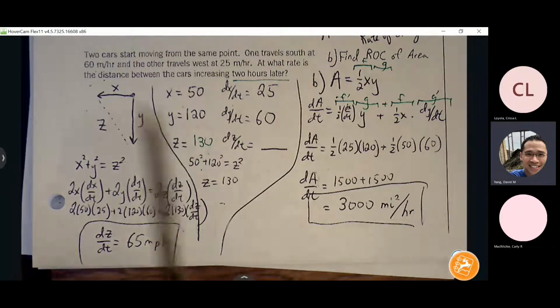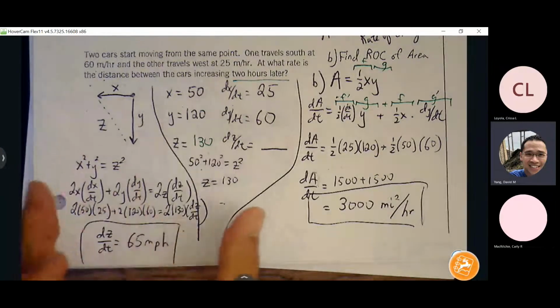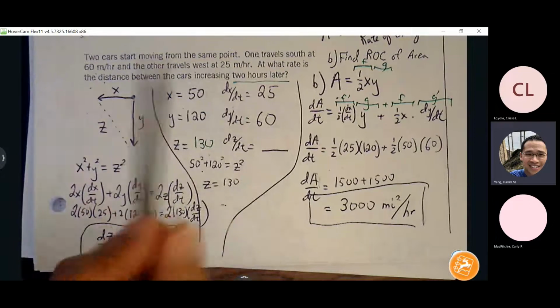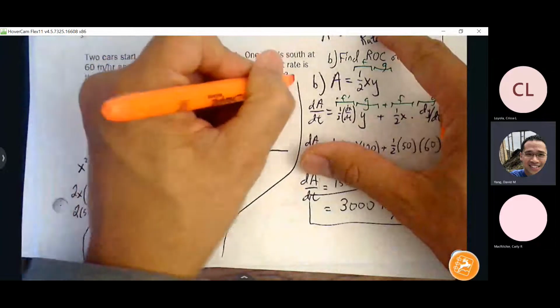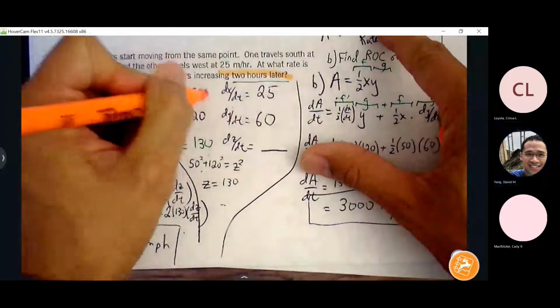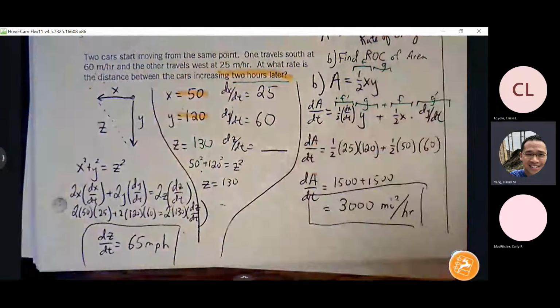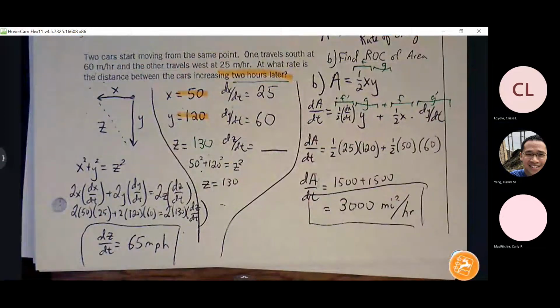Okay, so Brandon, this problem is similar to ones you've seen before with Pythagorean theorem, but the difference is that we had to take this information 2 hours later and create these two values. Because they're both starting at the same point, and one's moving at 25 miles per hour, the other's moving at 60 miles per hour.